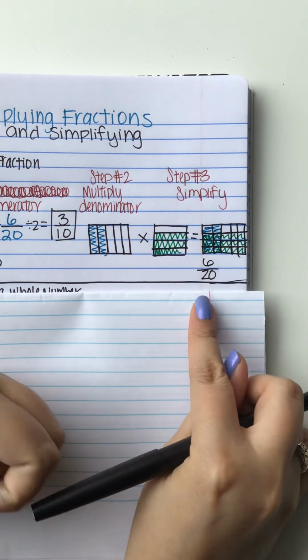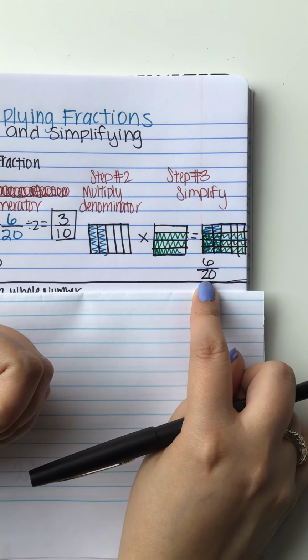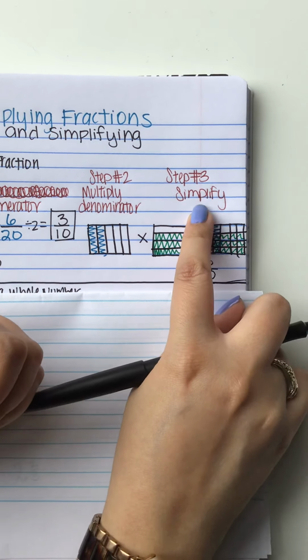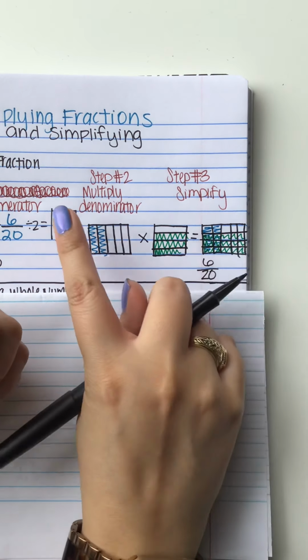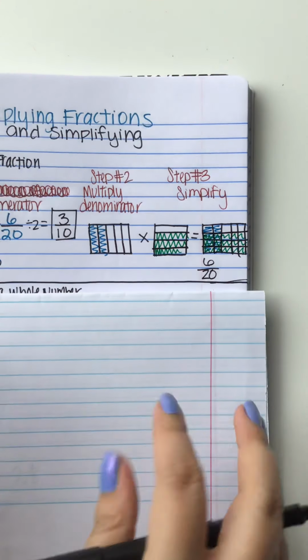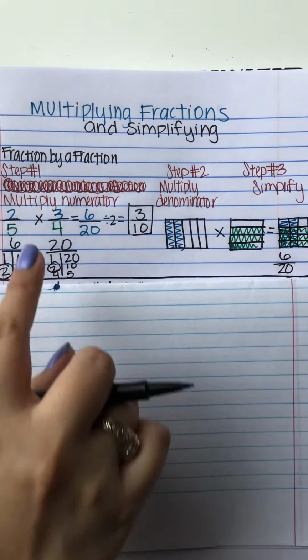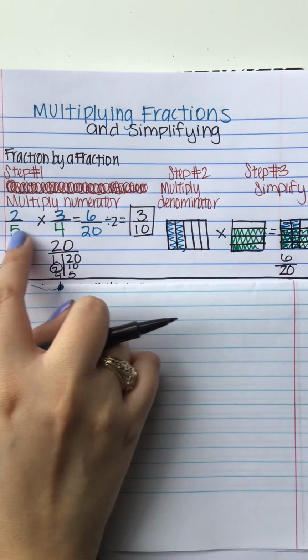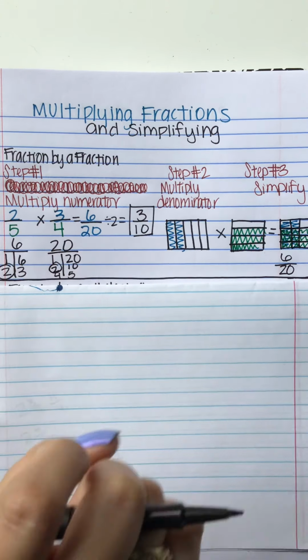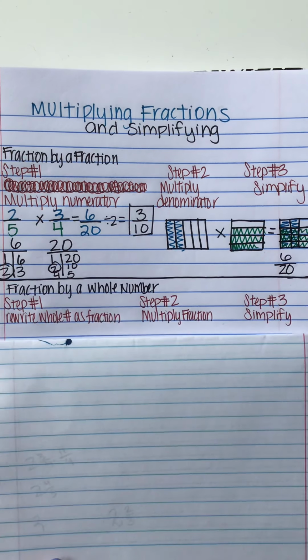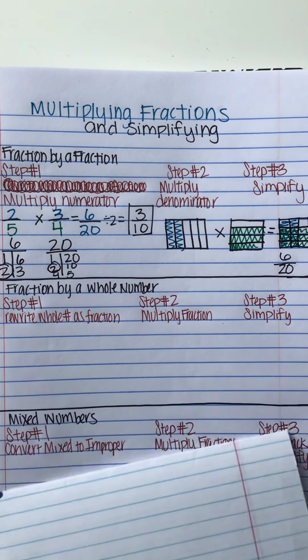So I have 6/20. As I've mentioned before, your last step is to simplify. So you would simplify it, and then you would get 3/10. Okay? So that's just a proof of how we multiply fractions by fractions. You multiply your numbers on the top, you multiply your numbers on the bottom, and you simplify. Okay, you multiply numerators, multiply denominators, and simplify.